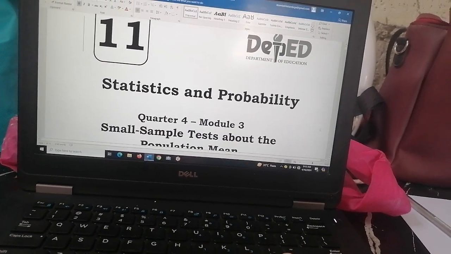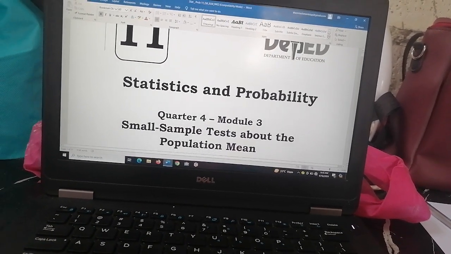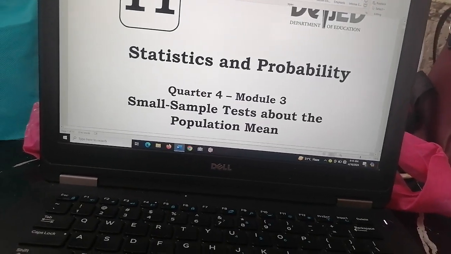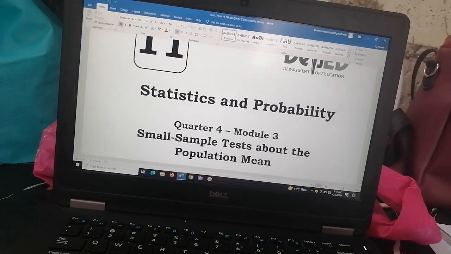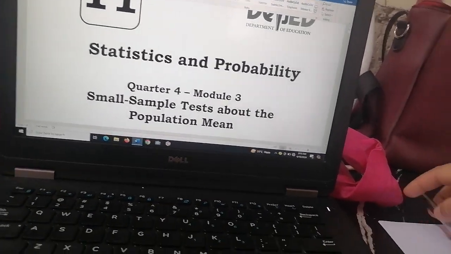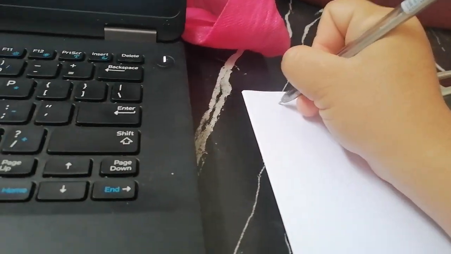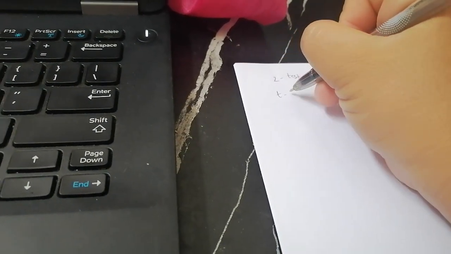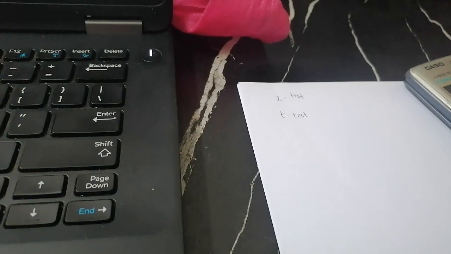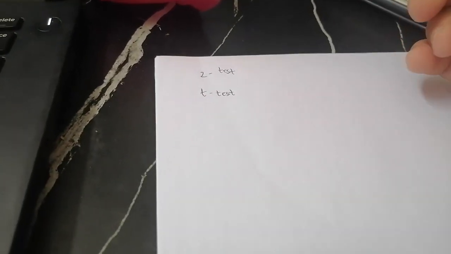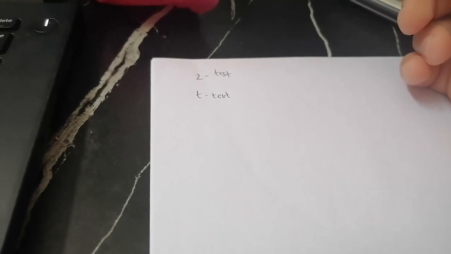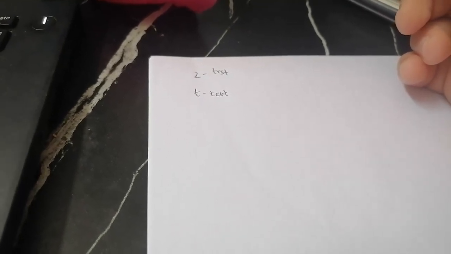Before I proceed, as I've said, there are two sample tests in Statistics and Probability: the Z-test and the T-test. So when are we going to use the Z-test, and when are we going to use the T-test? Last time we talked about large sample tests.